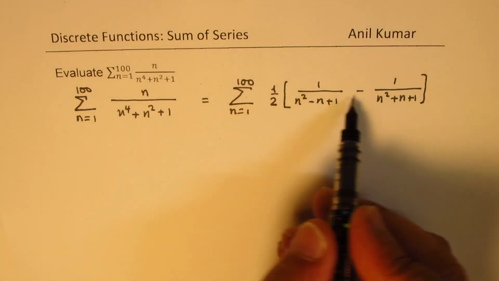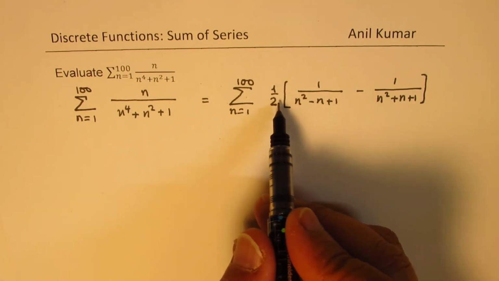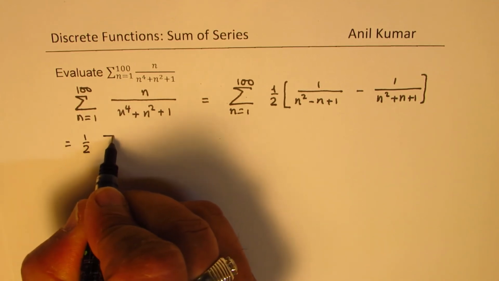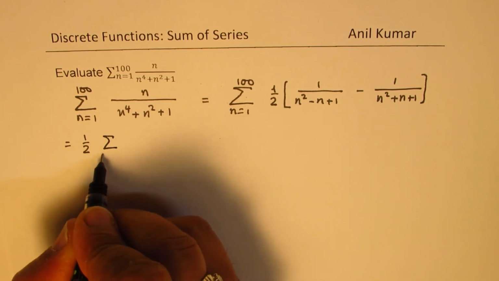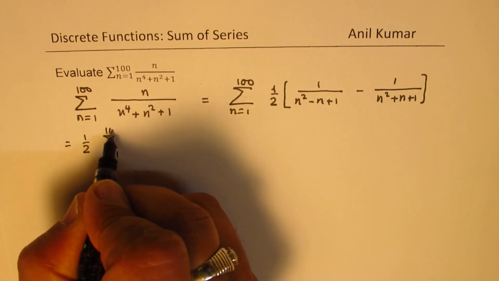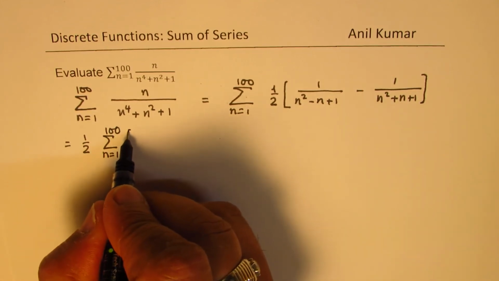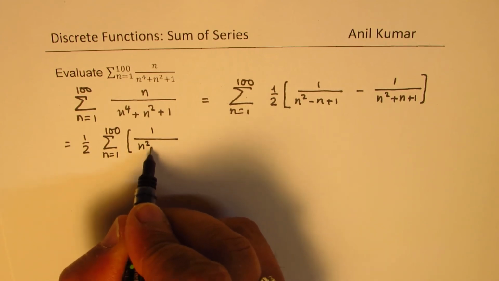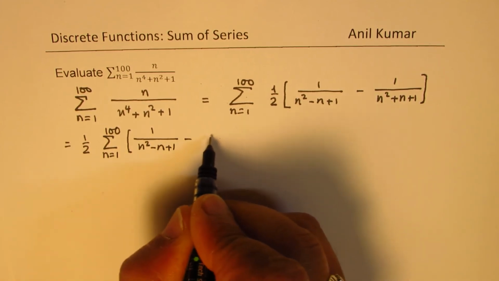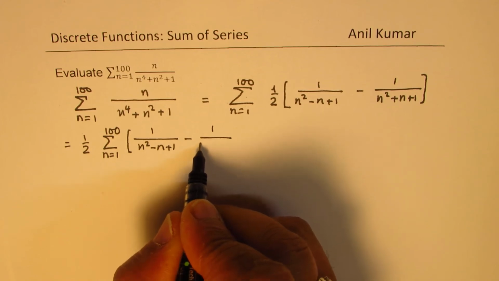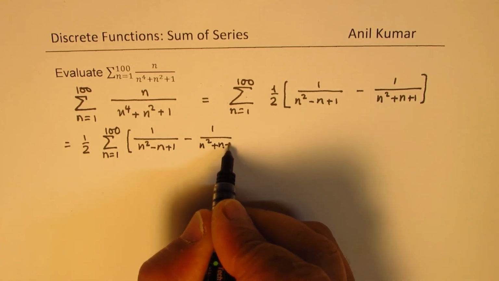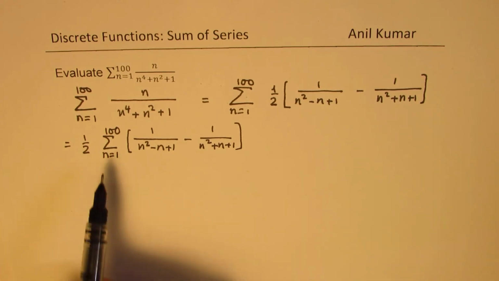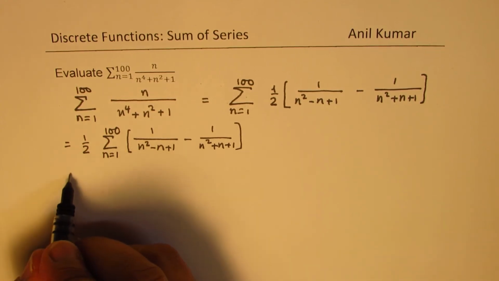Now half is independent of this, so we can always take half outside this bracket. So we can write this as half of the sum of n from 1 to 100 of our series, which is 1 over n squared minus n plus 1 minus 1 over n squared plus n plus 1, correct? Now in this series, when I substitute 1, what happens?